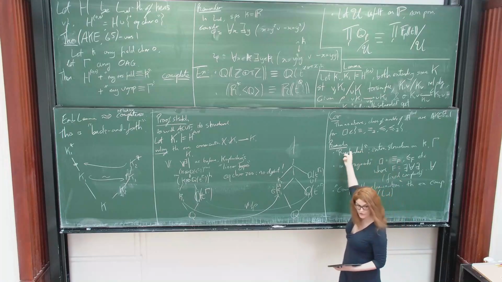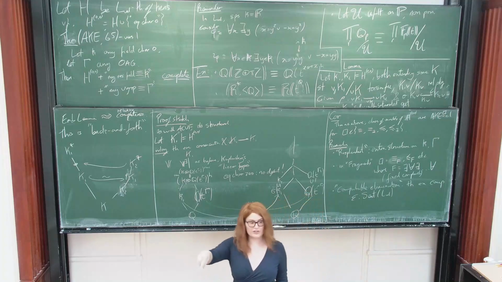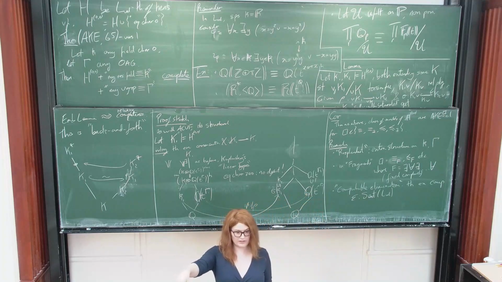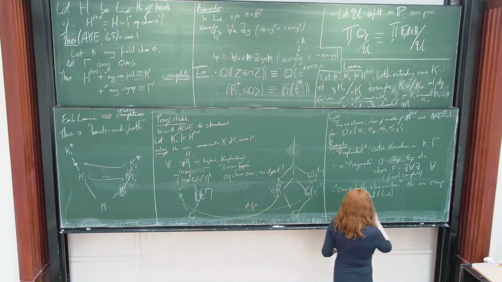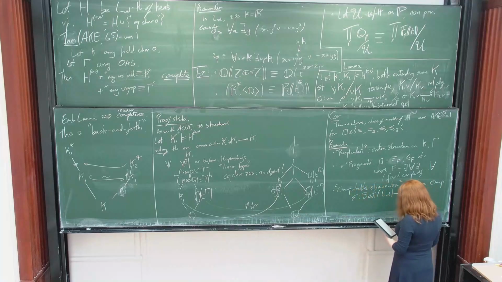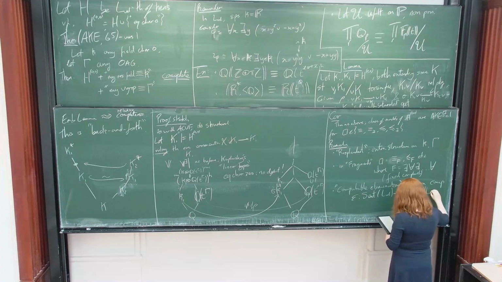I could do this in a richer language as long as the richness is constrained to the value group or residue field. going to what? Boolean combinations of sentences from the residue field language and sentences from the value group language, the Archimedean group language.